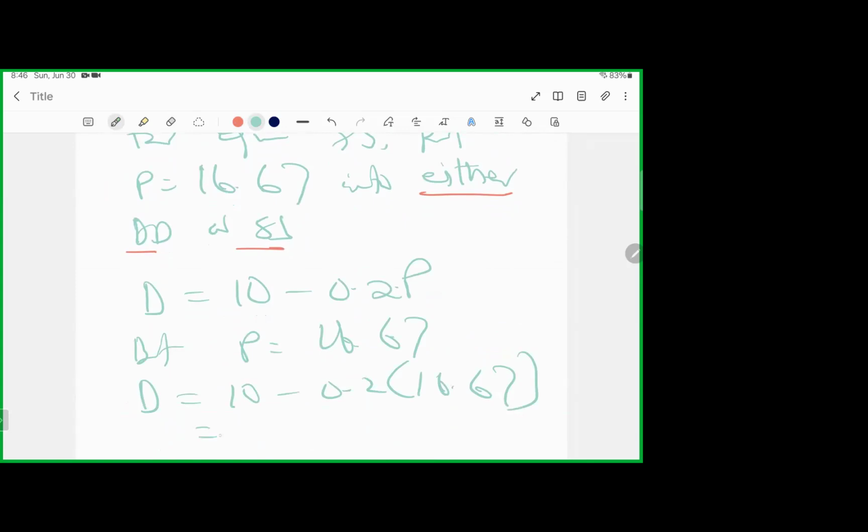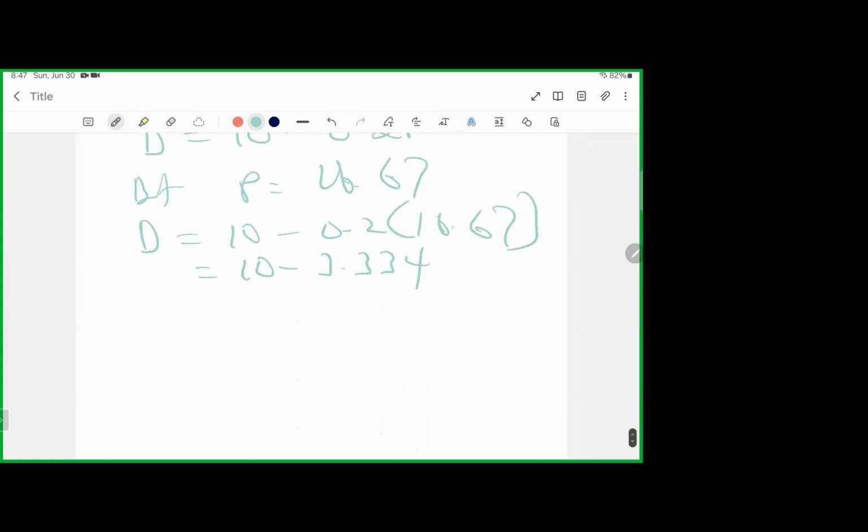16.67. So in this particular case, we are going to have 0.2 times 16.67. So here will be 10 minus 3.334. So our demand would be what? 6.67.